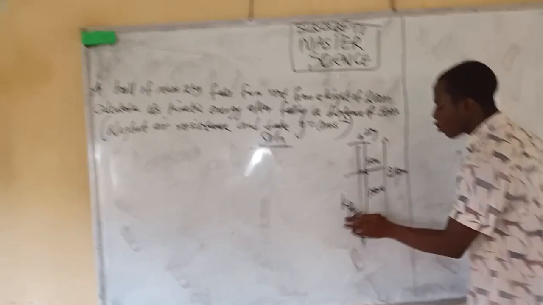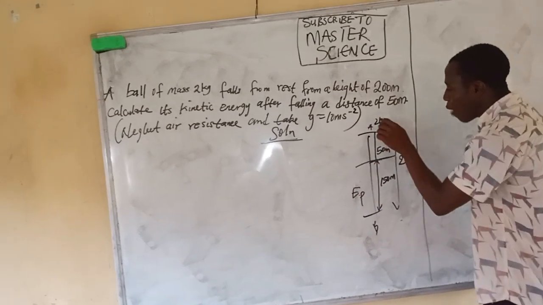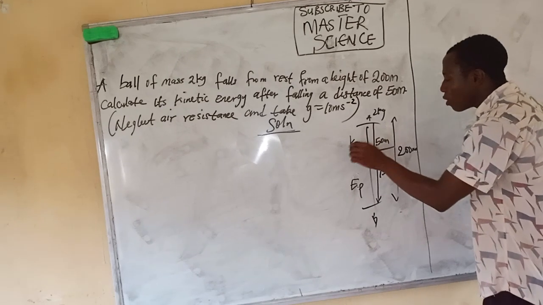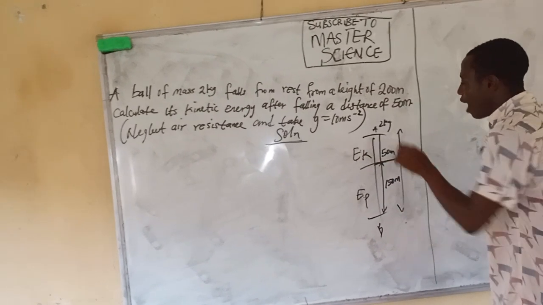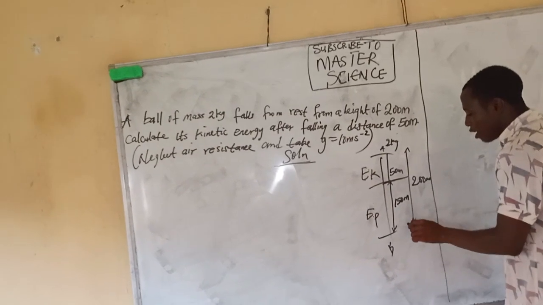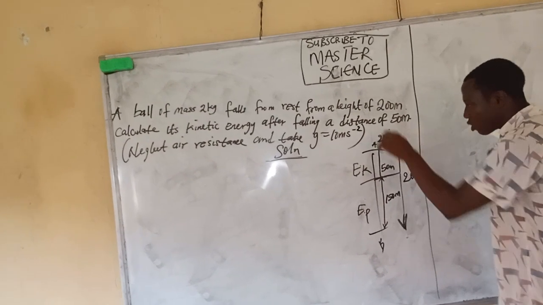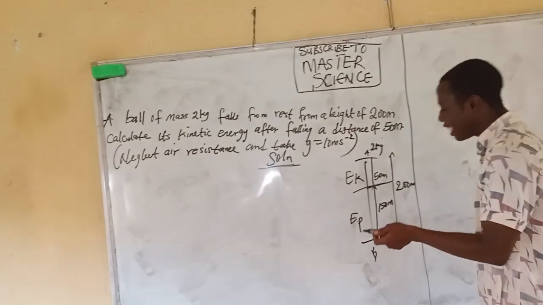Potential energy. From where it fell to where it stopped is what? Kinetic energy. And from here to here is the total energy, because there is a potential energy and there is a kinetic energy.